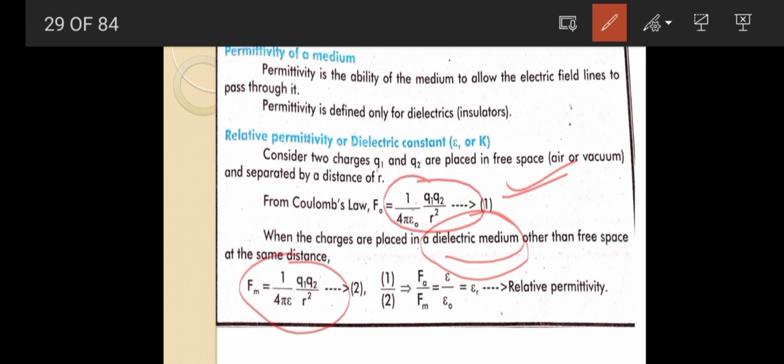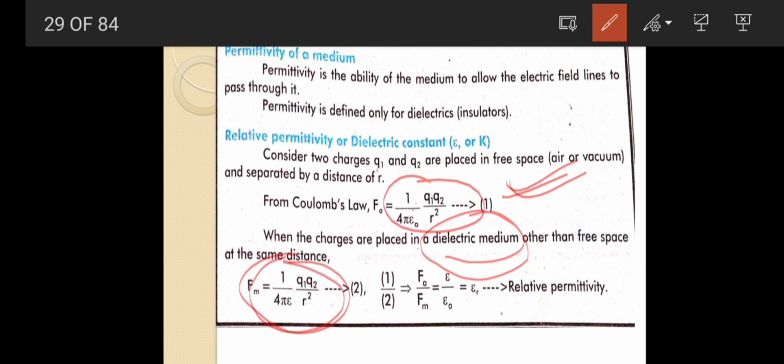The first formula, for electrostatic force Fa, is applicable when the charged particles are kept in free space. The second formula is applicable when the charged particles are kept in a dielectric medium, a medium other than free space.